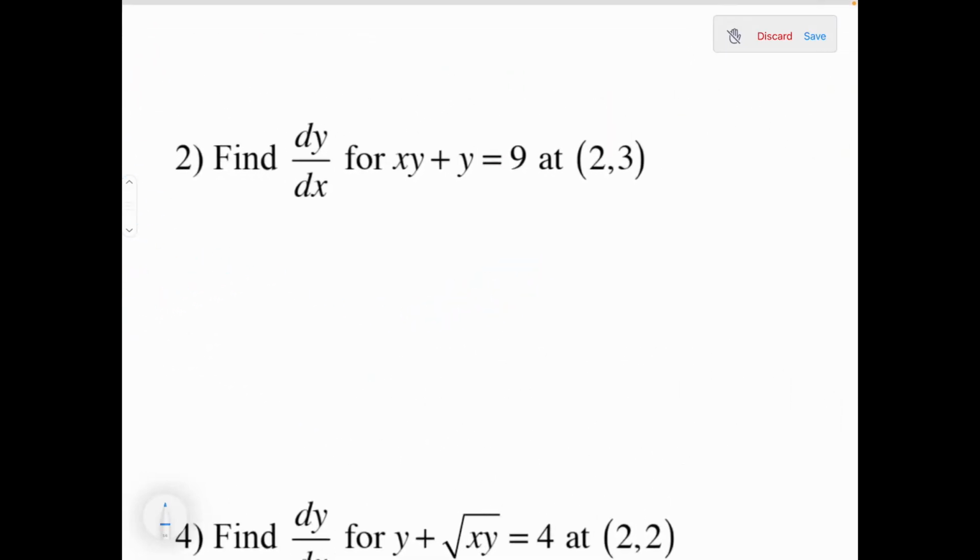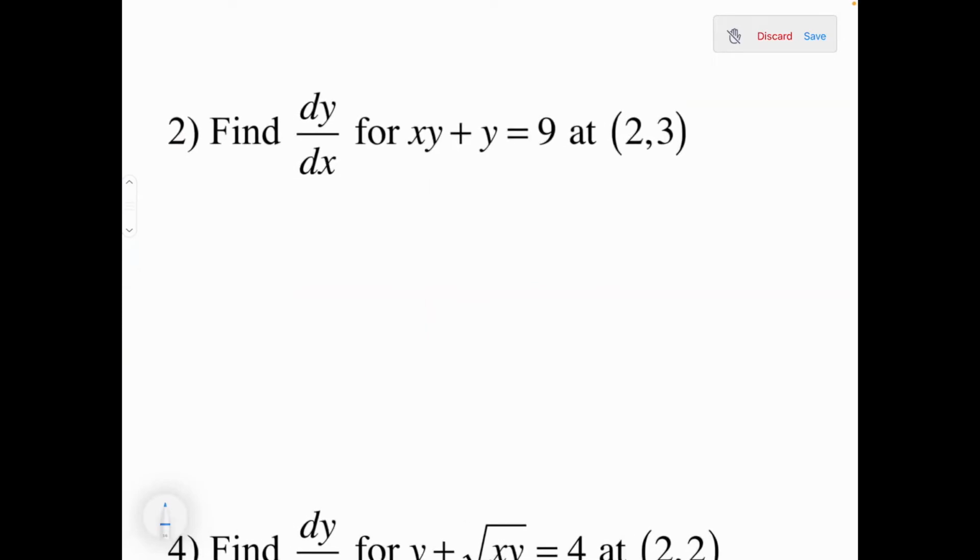Number 2, find dy/dx for xy plus y equals 9 at the point (2, 3). This xy is going to be a product, so we're going to have to use product rule. So we're looking at f prime g plus g prime f. It would help to probably memorize what the derivative of xy is, because this can show up a lot in the future.